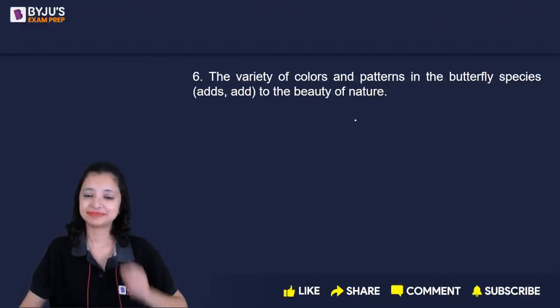Question number 6. The variety of colors and patterns in the butterfly species add to the beauty of nature.